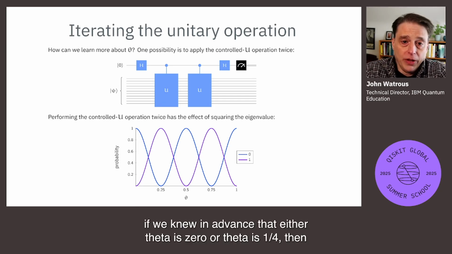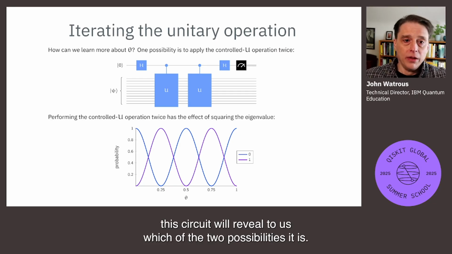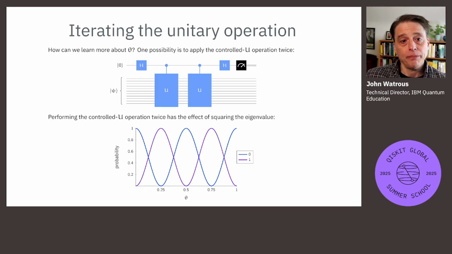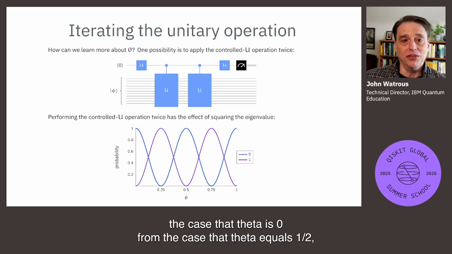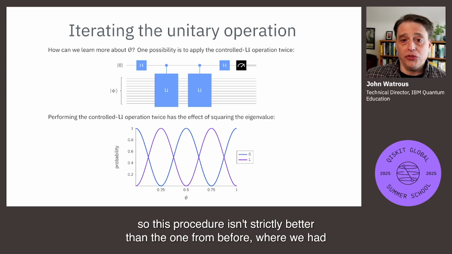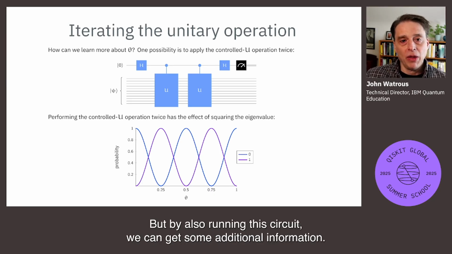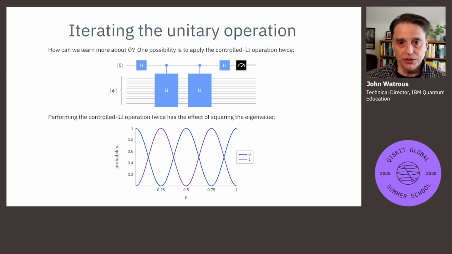For example, if we knew in advance that either theta is 0 or theta is a quarter, then this circuit will reveal to us which of the two possibilities it is. But on the other hand, we can no longer distinguish the case that theta is 0 from the case that theta equals 1/2. So this procedure isn't strictly better than the one from before, where we had just a single controlled U gate, but by also running the circuit, we can get some additional information.